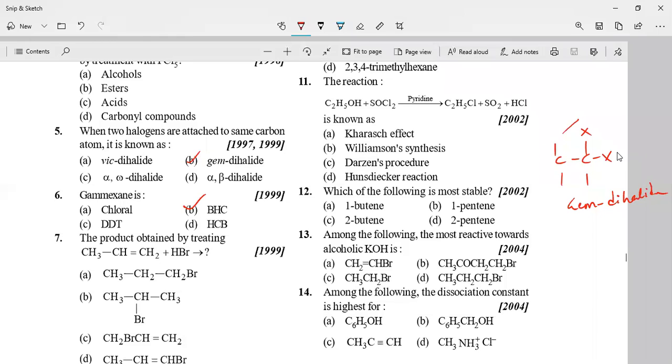With HBr, hydrogen will go to this carbon, and since there is no catalyst, it will follow Markovnikov's rule and Br will go to the other carbon. Finally, option B is correct.